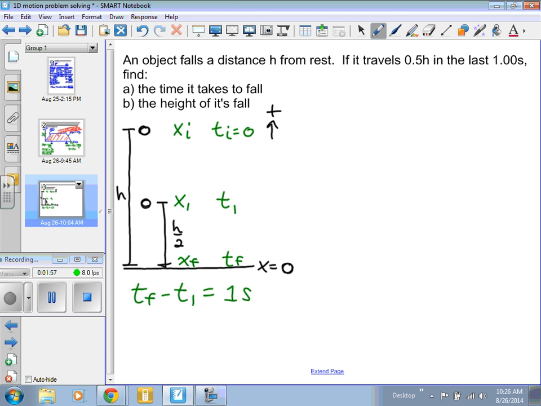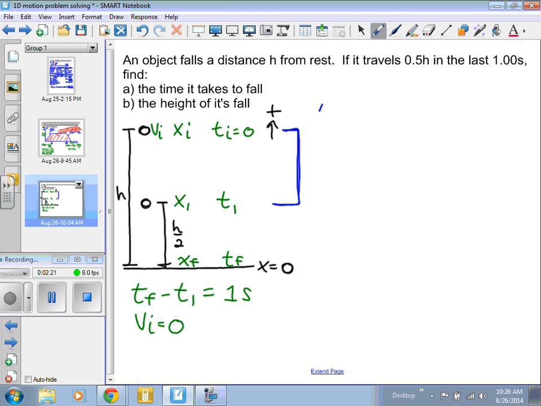We also know that the initial velocity of the ball, v initial, is equal to 0. So I'm going to look at this in several different portions. We're going to first focus on this first part right here, and see if we can write an equation for that.